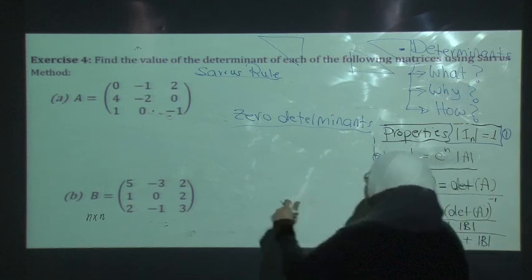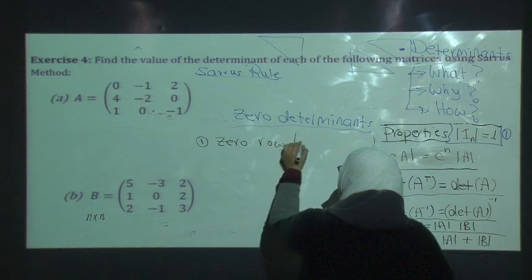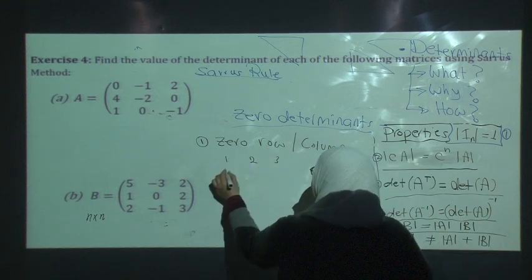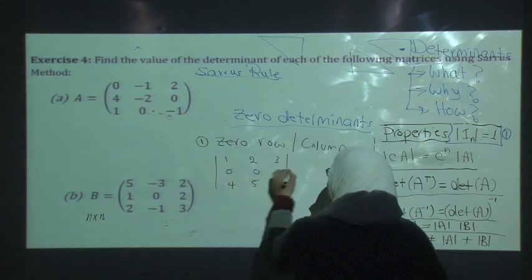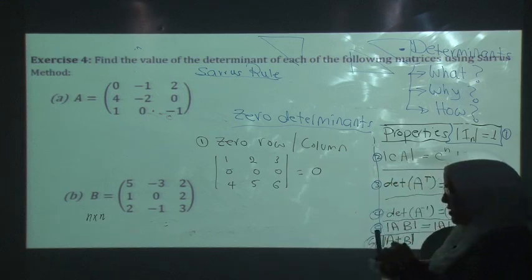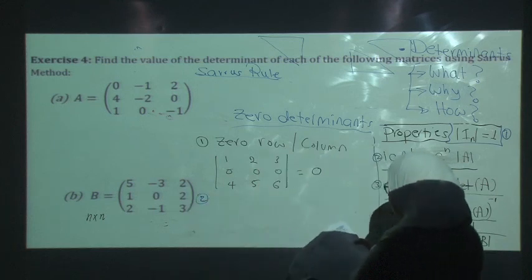First, if we have a 0 row or column, so if we have a matrix of that form, the determinant here is what? It's 0 directly, because the row is 0. If we have a 0 column, then the determinant is 0 as well.